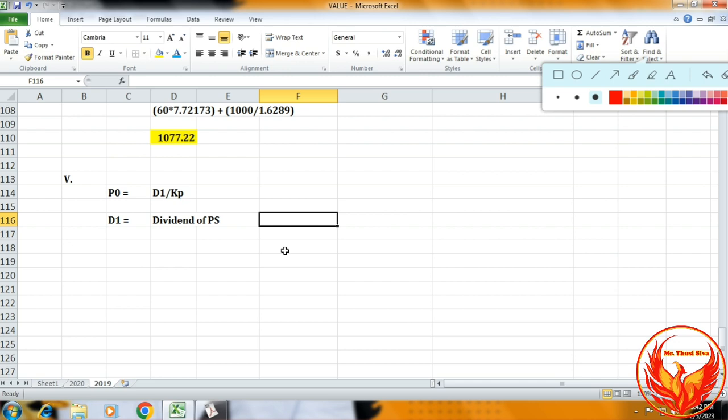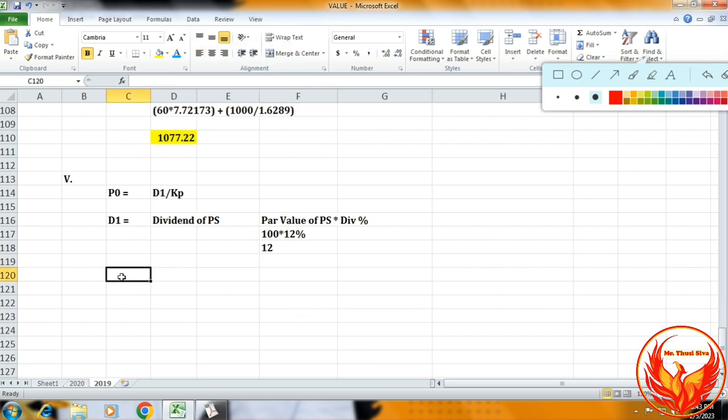So D1 equals par value into dividend percentage, 100 into 12%. The answer for D1 is 12 rupees.